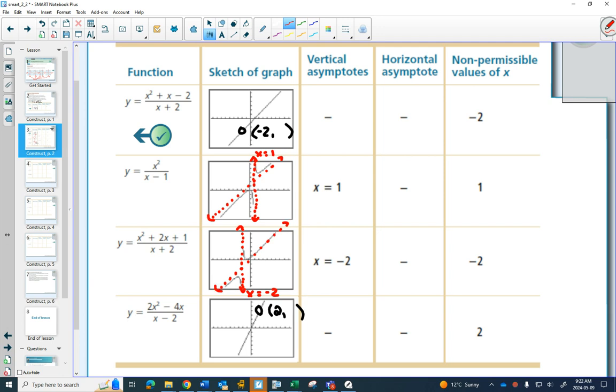And we're going to find out that these ones have diagonal asymptotes as well, called oblique asymptotes. I know, crazy. Thought asymptotes were just vertical and horizontal. Now we've added diagonal asymptotes.